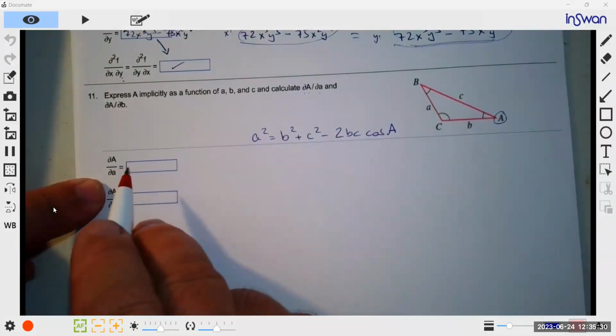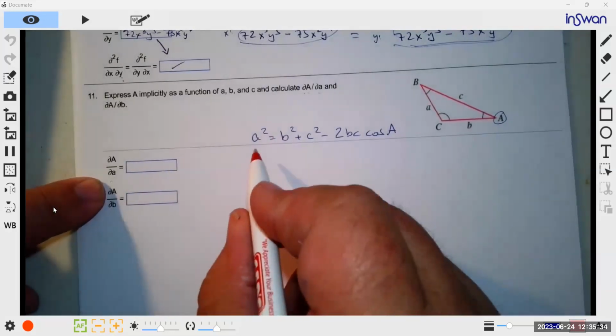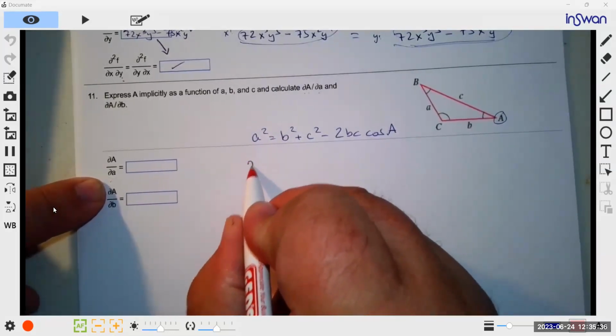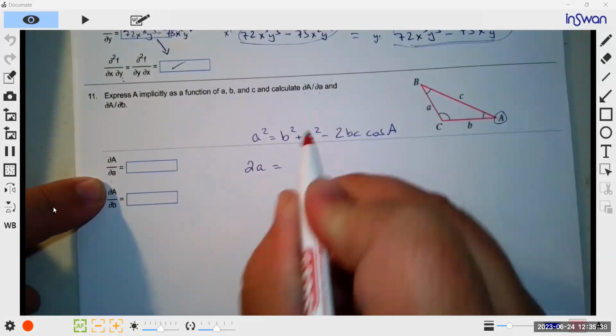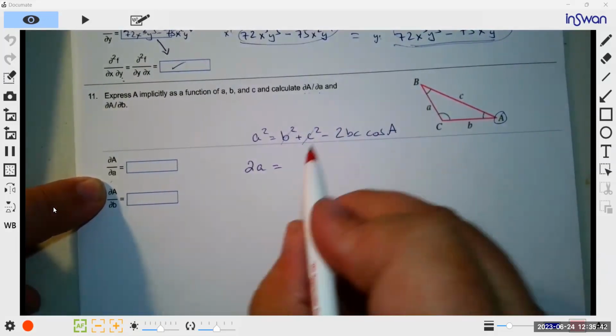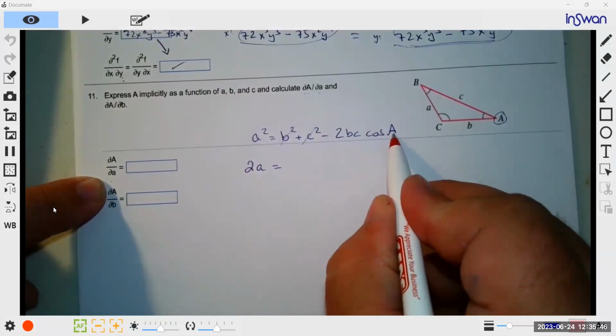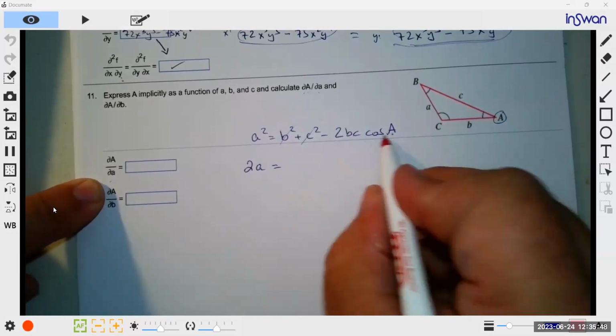So first off, we take it with respect to a. So we have 2a, that's the derivative of the first term. Now this one, since it has A in it, we have a product.